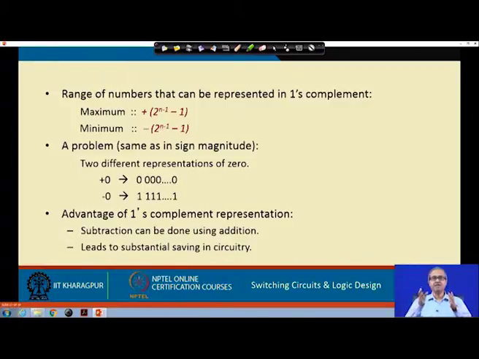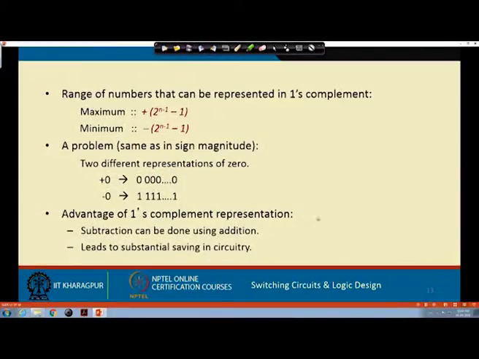Now, we are saying that if we represent our numbers in 1's complement form, we do not need subtractor circuits. We can have only the adder circuits. Using adder we can do addition, we can also do subtraction. This is a big advantage. So, we shall see later how this is done or how this is achieved.